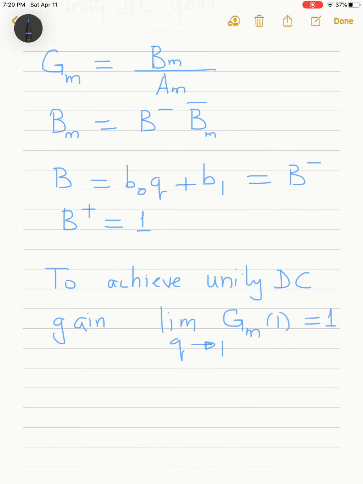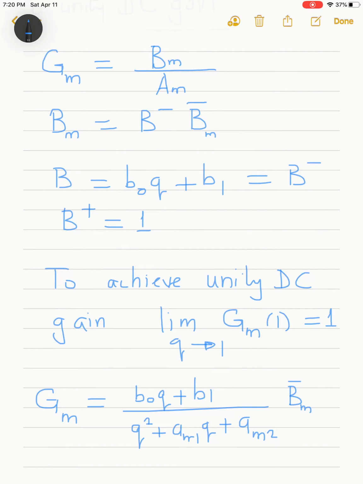So let me first write an expression for Gm. It is b0 q plus b1 over q squared plus am1 q plus am2, and that multiplies Bm bar. Now to achieve this condition of a unity DC gain, it's enough to take Bm bar as a constant.